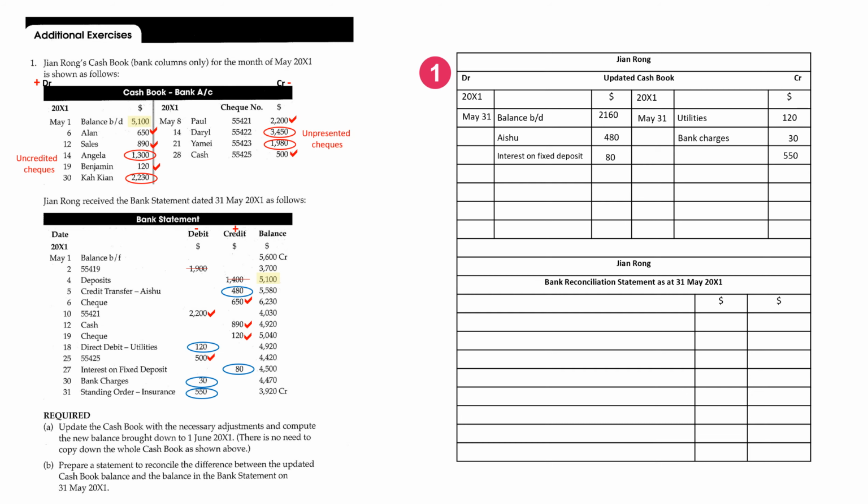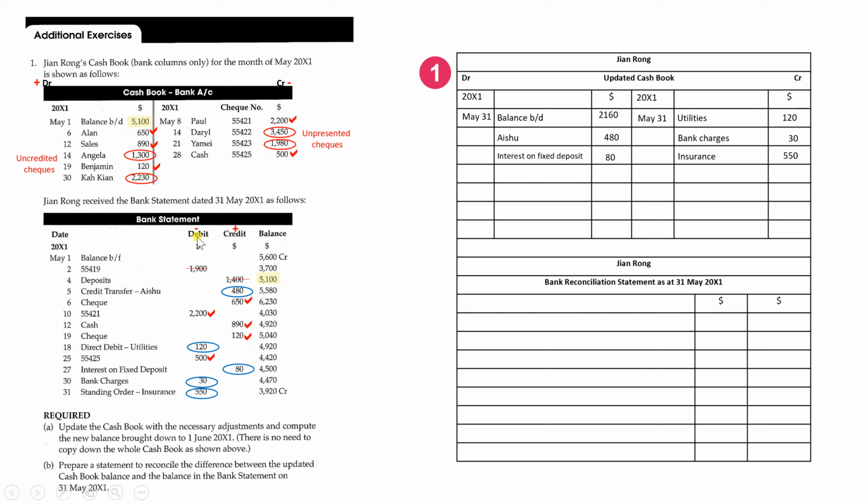So we write the details: bank charges for $30 and insurance for 550. To repeat again, to update the cash book, the debit side correlates with the credit side of the bank statement, and the credit of the cash book with the debit of the bank statement.